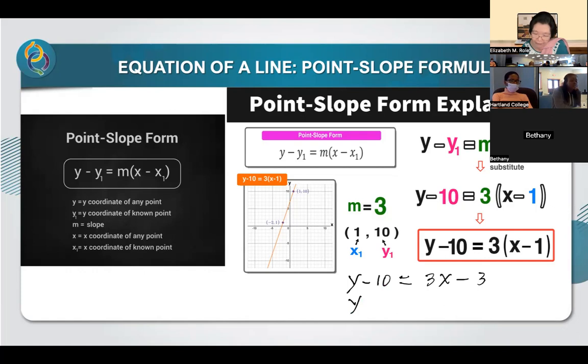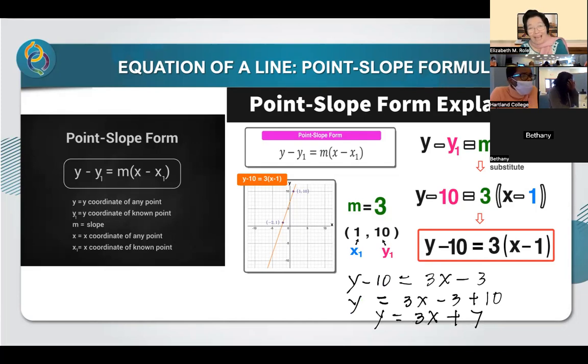So y is equal to 3x minus 3 plus 10. So y is equal to 3x plus 7. So we'll put that as our equation of a line, where you know that your slope is 3 and that it passes through 7.